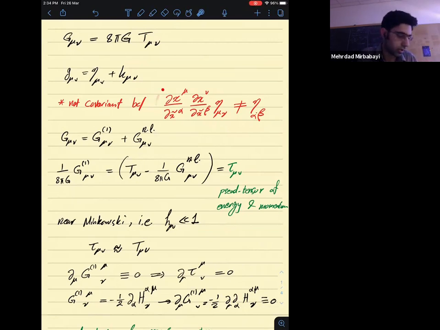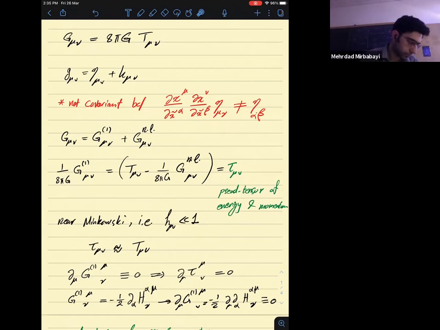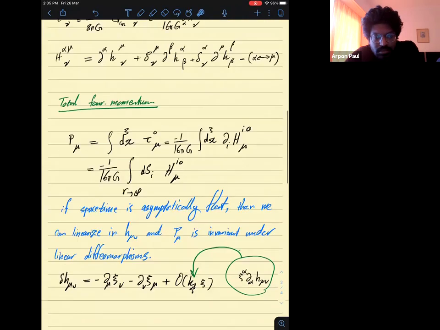A particular subset of that are the Lorentz transforms, a particular subset for which this equality actually holds. Yes, but my question is, as we saw, P mu is invariant under any diffeomorphism transformation, right? Well, actually, it's not invariant under the Lorentz transformation.